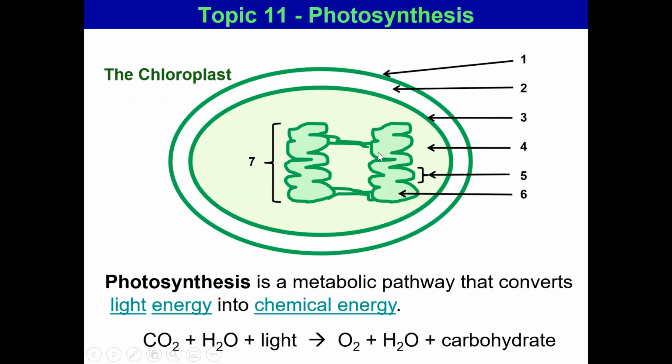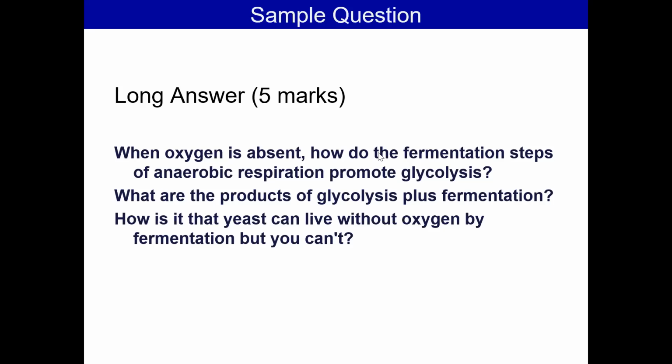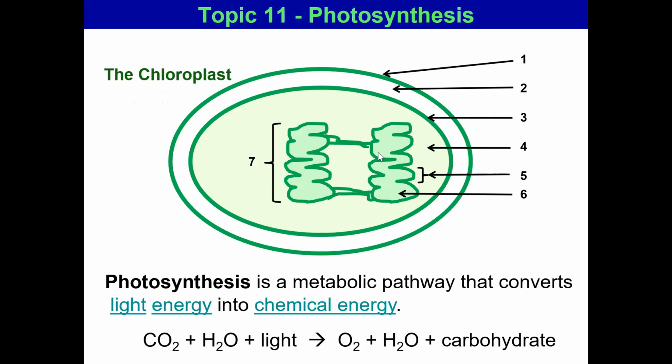So here's the chloroplast. We did draw a picture of a chloroplast, and so that's great. We can label this quickly. Again, we've got an outer membrane and an inner membrane. We have another intermembrane space, which I don't care about so much because not a lot is going on there. What we do care about is the stroma.